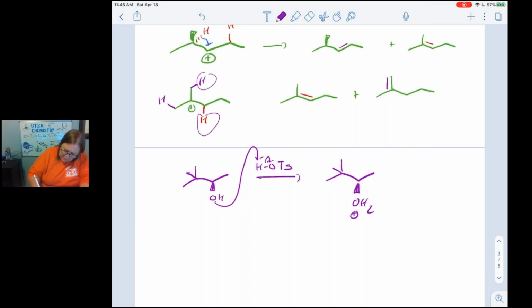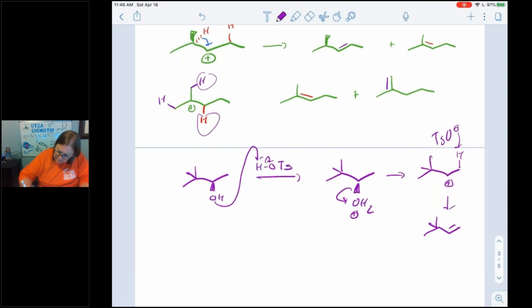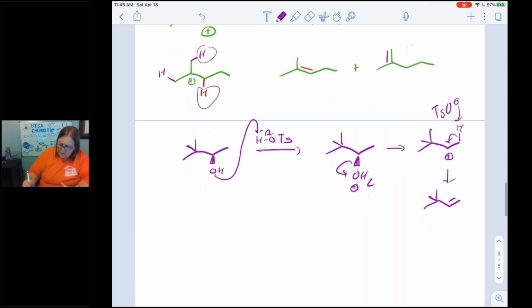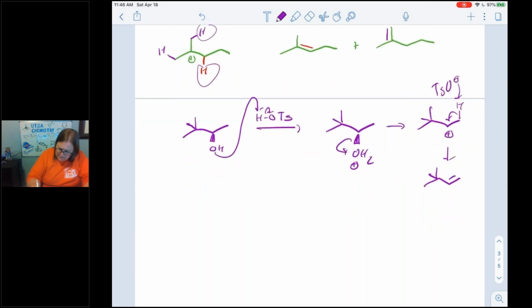It leaves. Form this carbocation here. I have beta proton elimination, and this is going to form that product there. Easy, right? But then I can also have what?